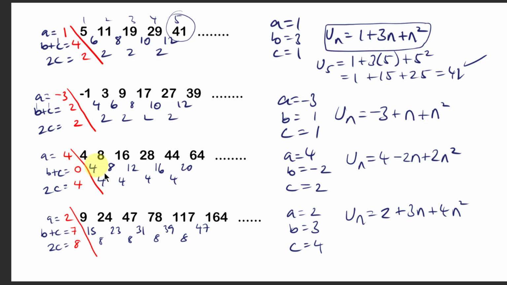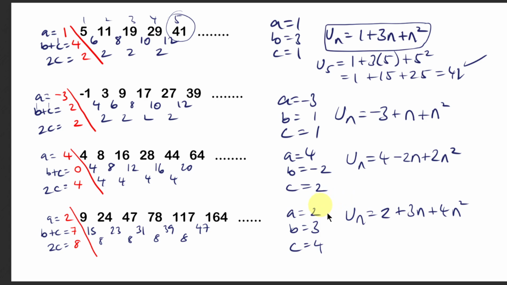But it's correct. It's still following the same pattern. These are all going up by 4, so you go back 4 and you get 0. But that means that the difference between the one before the first and the first one is 0. So these two both have the same result of 4, but that's perfectly correct. That sometimes happens with a quadratic sequence, that you can get the same number twice in a row. Okay, so these are the answers that you should have got.